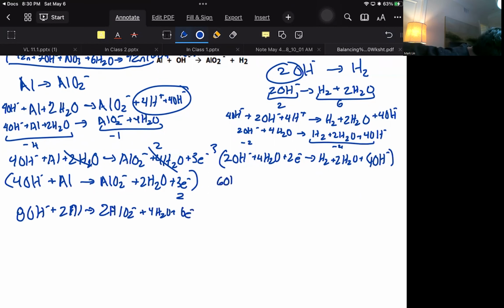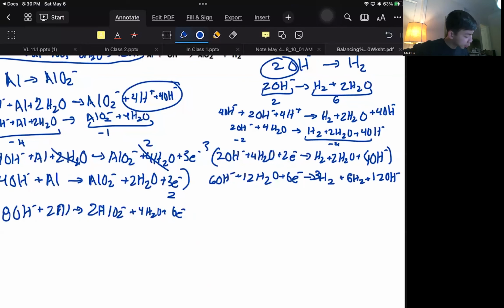This is going to be 6 OH minus plus 12 H2O plus 6 electrons gives 3 H2 plus 6 H2O plus 12 OH minus.